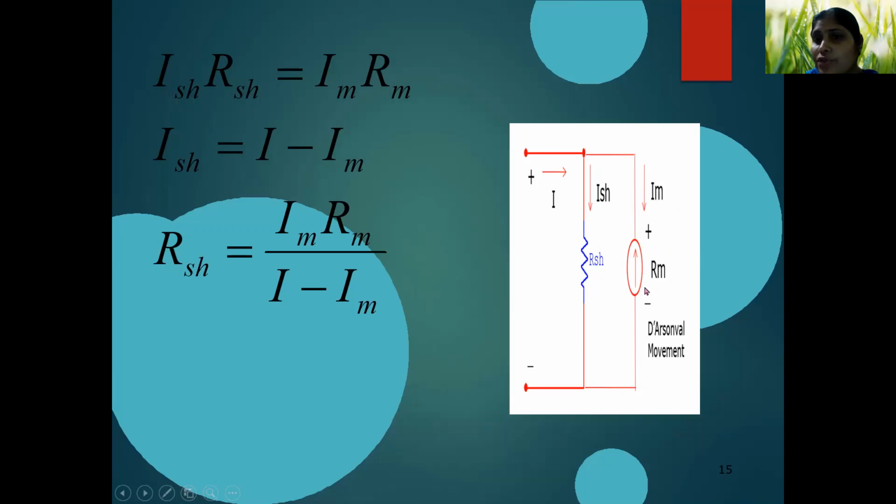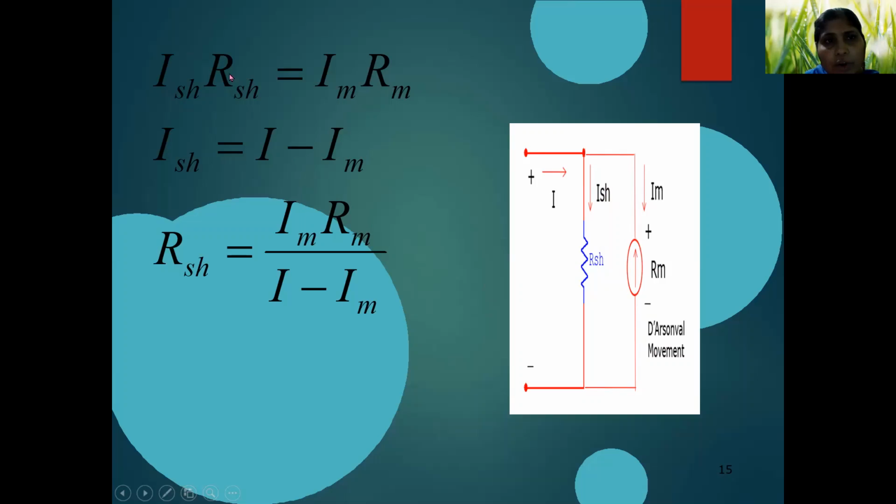Now the voltage drop across this shunt resistance is RSH multiplied by ISH. The voltage drops across both will be equal since these are in parallel. So I can write ISH into RSH, the voltage drop across this, equal to the voltage drop across the meter resistance, which is equal to IM into RM.